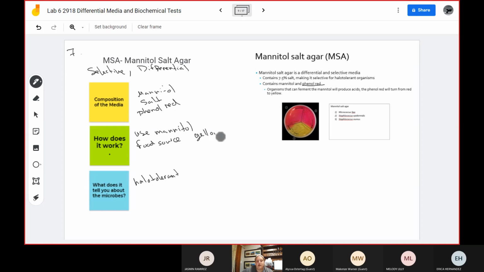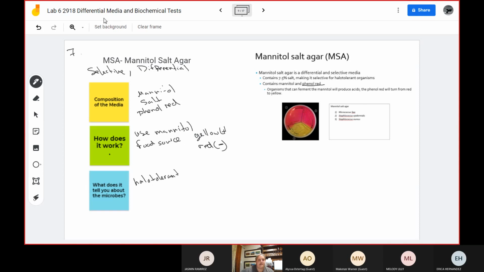Yellow is positive for fermentation. And if it stays red, because the original plate itself is red, it's an indication of negative, that the bacteria is not able to utilize mannitol as a food source.